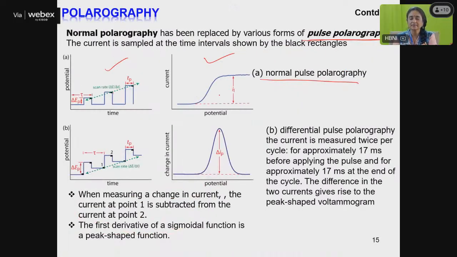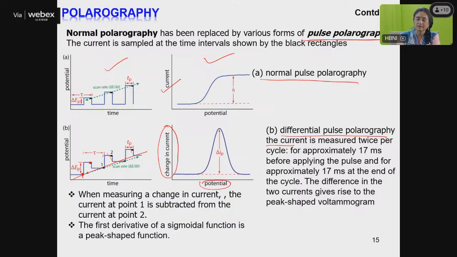So how does it help? It helps in improving the height of this polarogram. Then there is differential pulse polarography, where now there is a ramp. Based on the ramp, you are giving the same pulse. Here you measure the current once here, and once here, and the plot is of change in current versus potential.